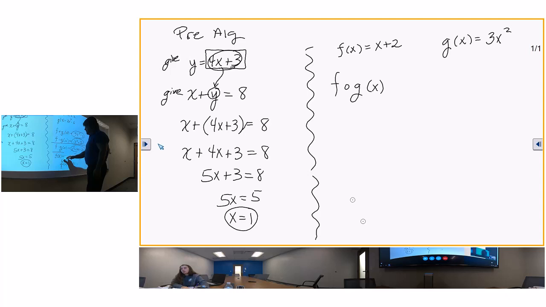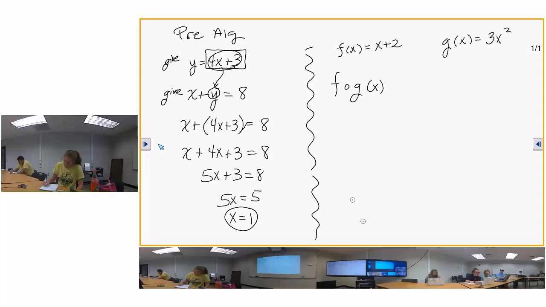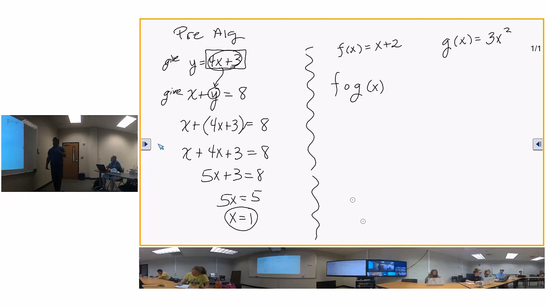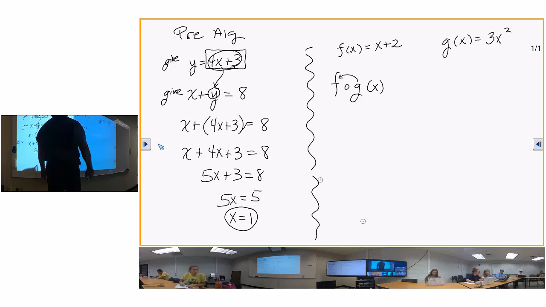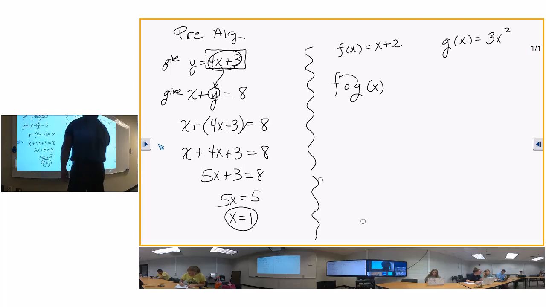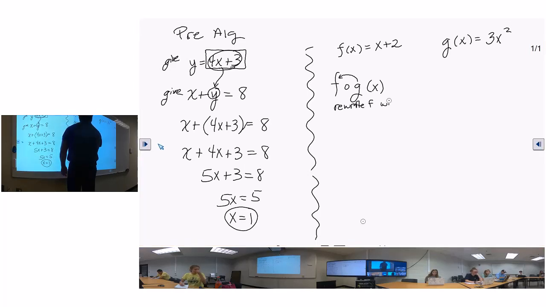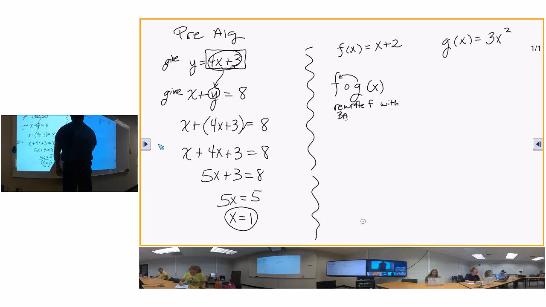Now, that's not an O. That is an open circle, discerning from the multiplication symbol that looks like a dot. When you see an open circle, that means composed. So that means I'm going to take g and I'm going to plug it into f. So draw you a little arrow. If you've never seen this before, draw you a little arrow right there. That means you're going to plug g into f. Also, rewrite f with parentheses.